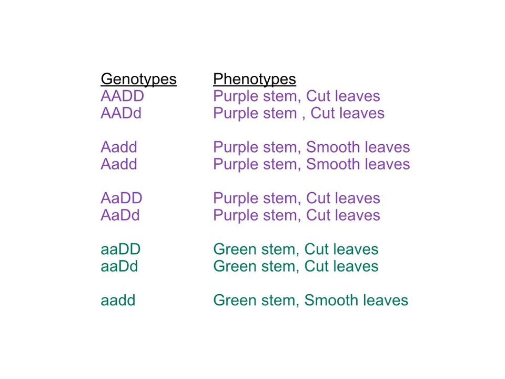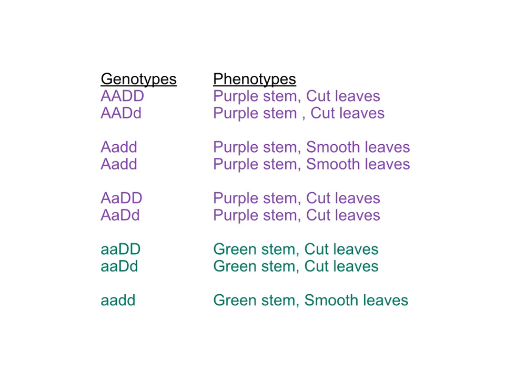Okay, so notice how the purple stem is dominant, so we represent that with a capital A. The cut leaves, capital D, is also dominant. So wherever you see a capital A and a capital D, the color will be purple and it'll have cut leaves. If you have a small a and a small a together, it's going to result in a green stem, and small d will be smooth leaves.